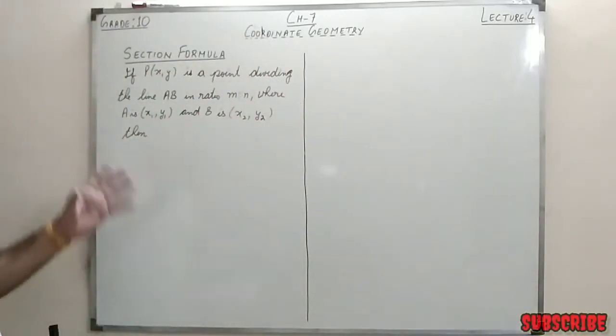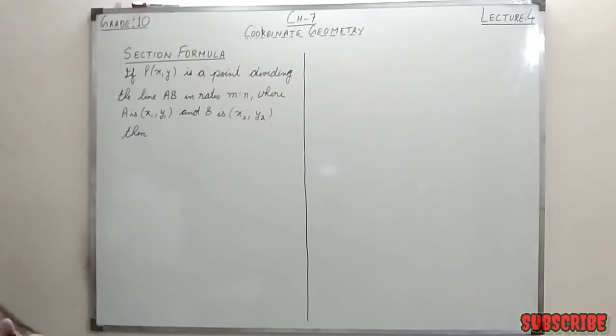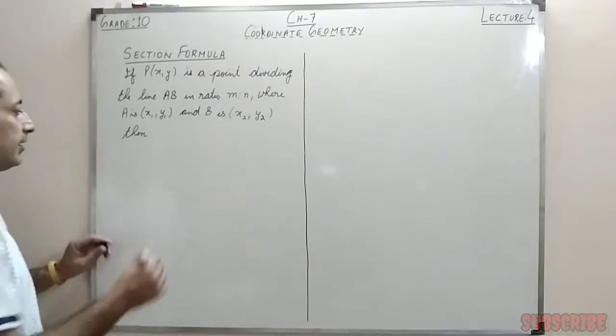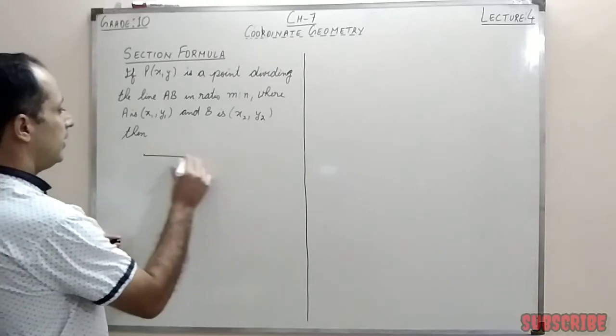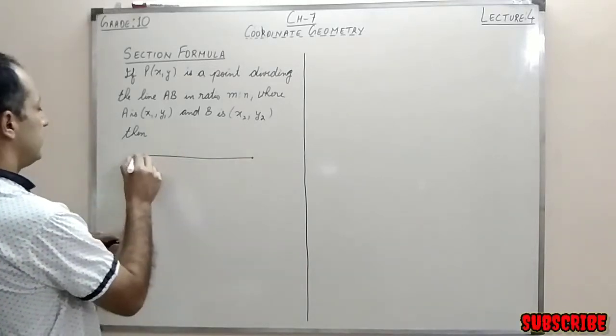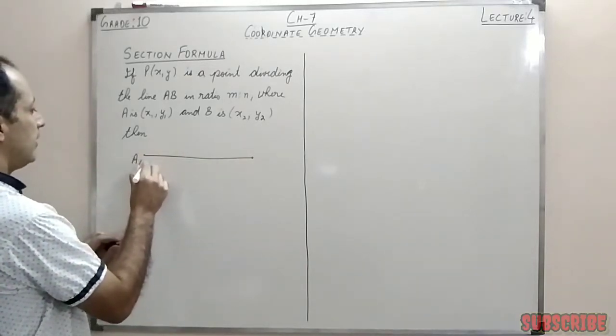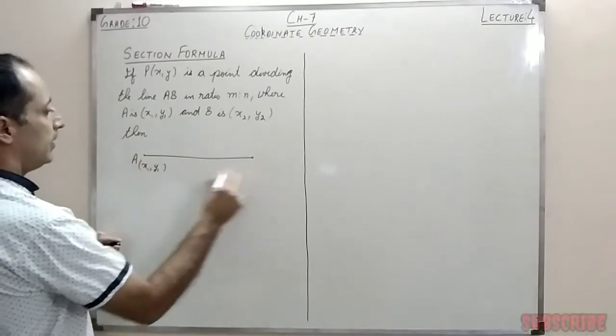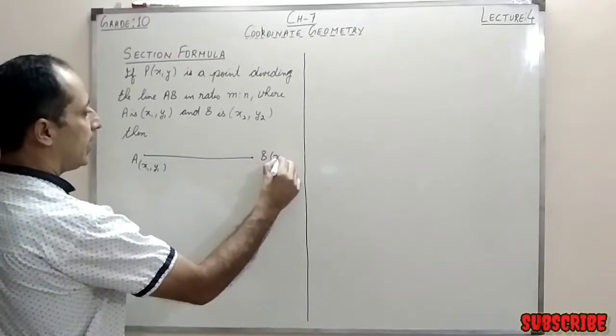So let's see now. Here I have written, if P(x, y) is a point dividing the line AB in the ratio m:n, where A is (x1, y1) and B is (x2, y2), then, understand this thing. I have a point A, I have a point B. So this is the point A (x1, y1), and this is the point B (x2, y2).